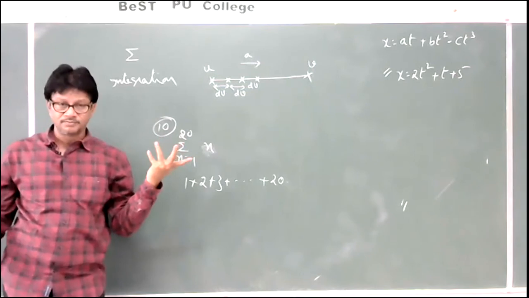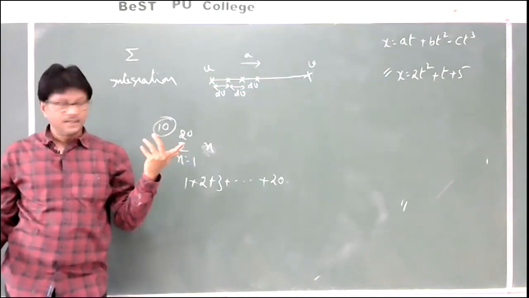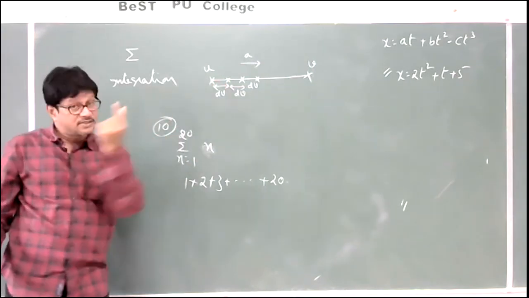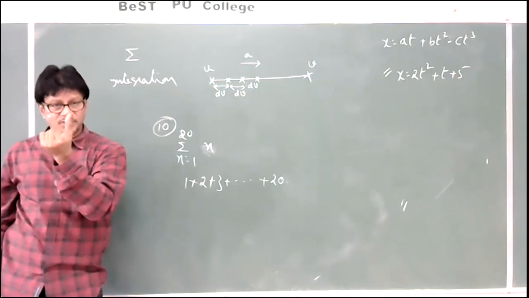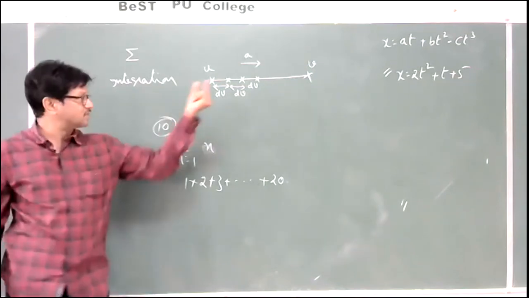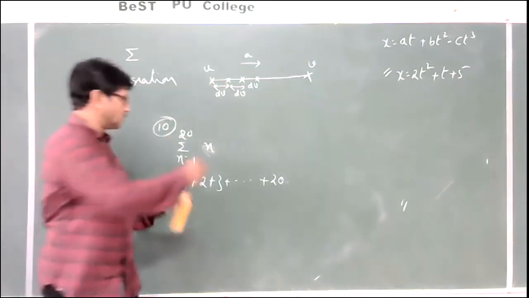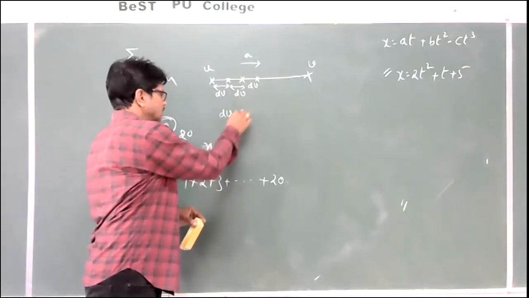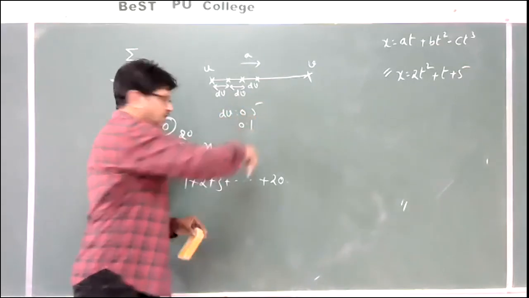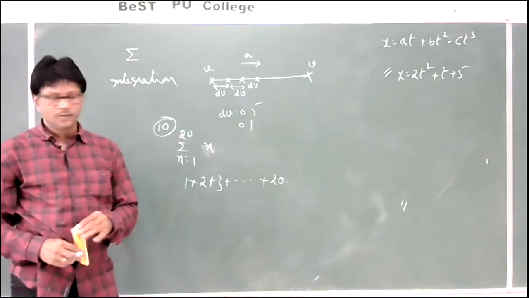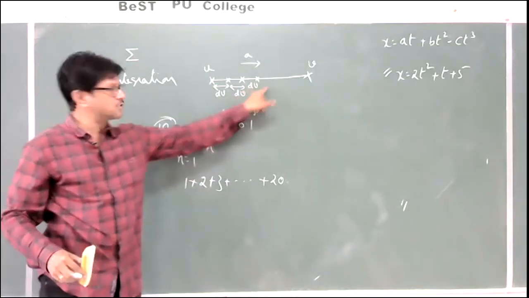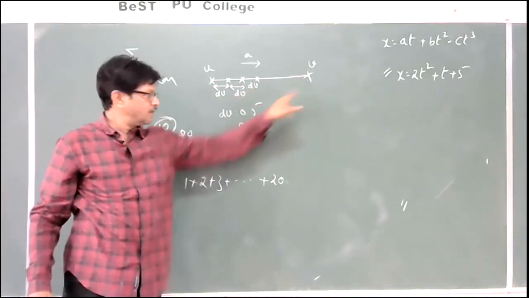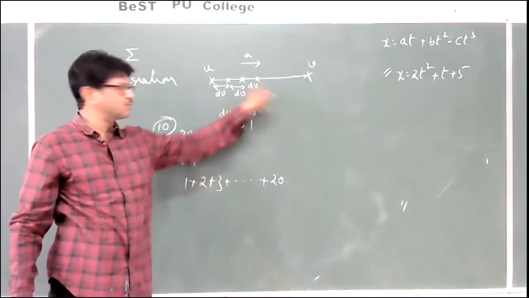We don't know. It depends upon the size of that dv. dv means a small change. What is the size? I can take dv as 0.5, you can take 0.1. If you take 0.1, the number of dv's will be more. If I take 0.5, the number of dv's will be less.